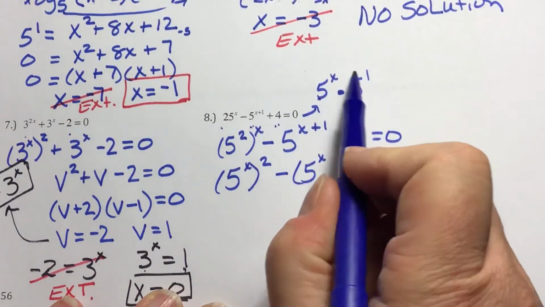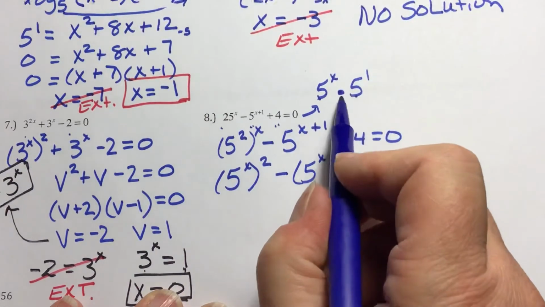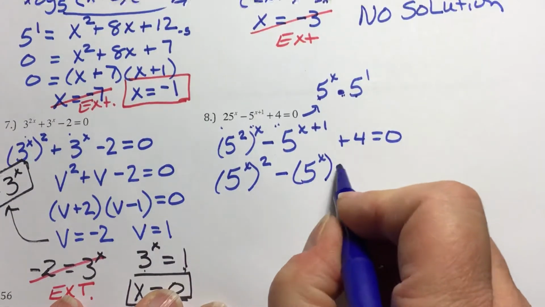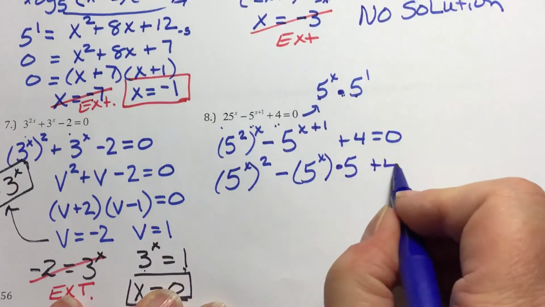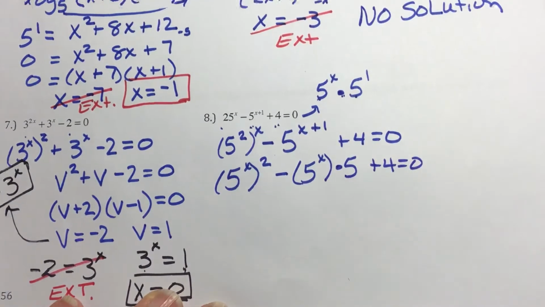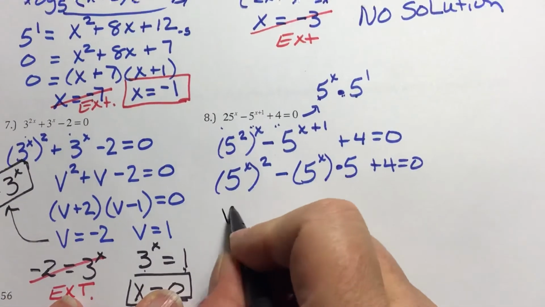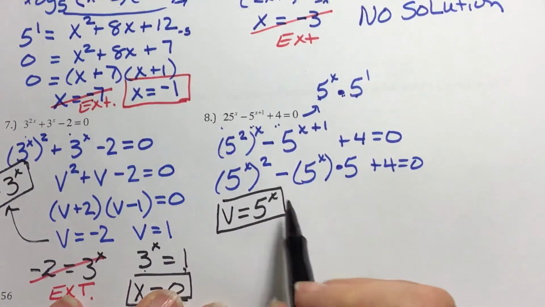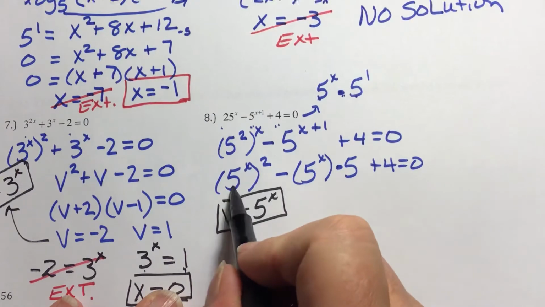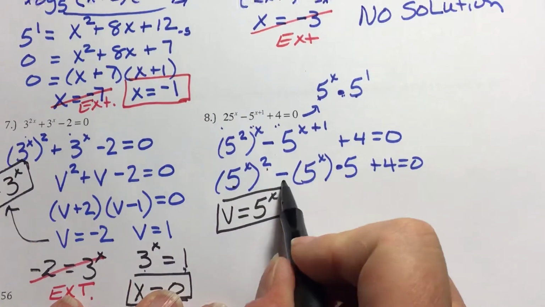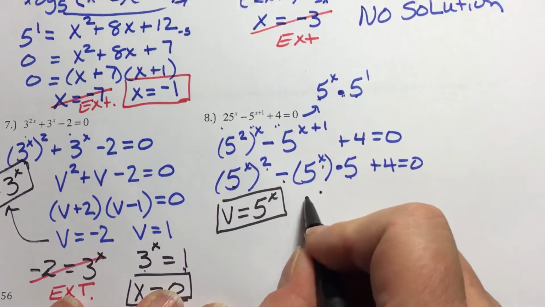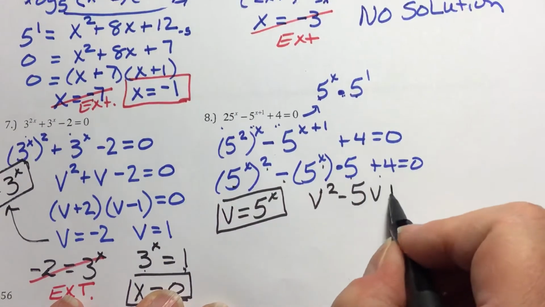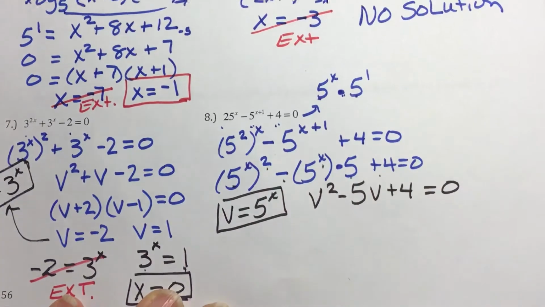Same base, I'm adding my exponents, but really this is a multiplication problem. So this would be times 5. If I say that v is 5 to the x power and substitute here, this would be v squared minus 5v plus 4 is 0.